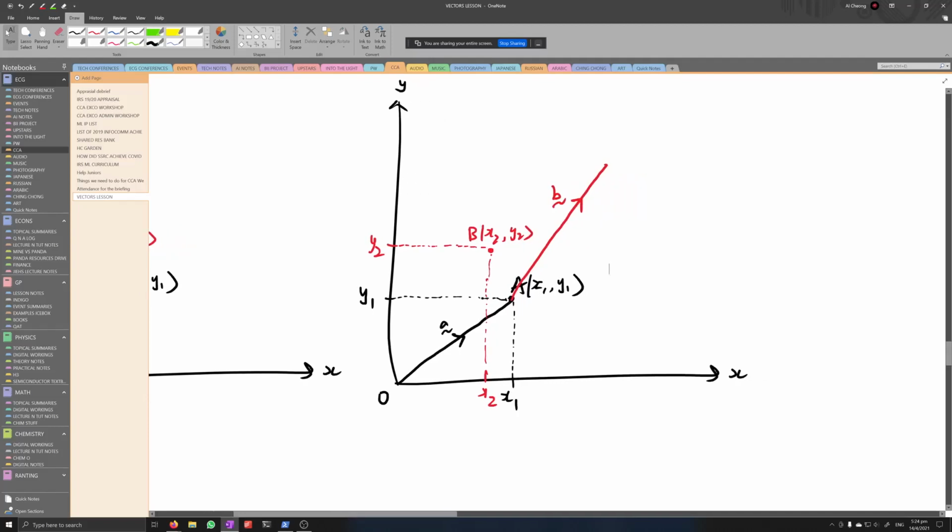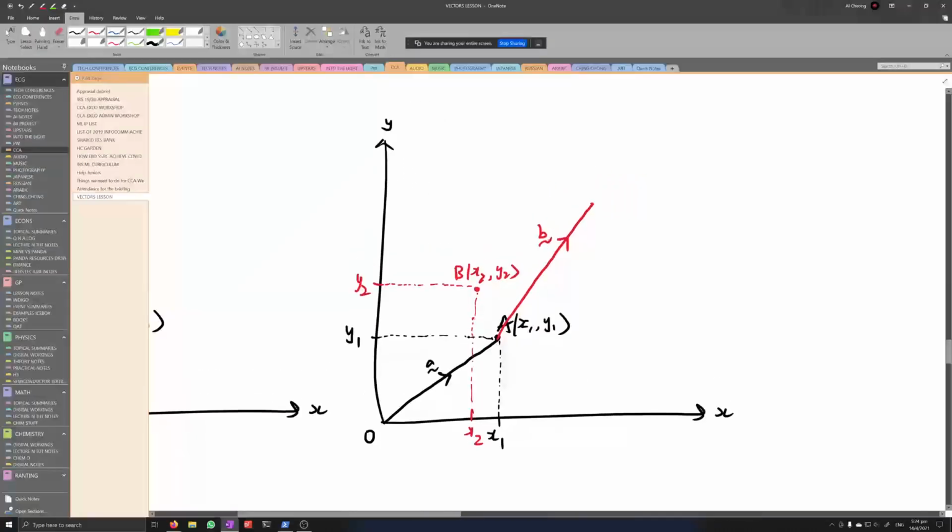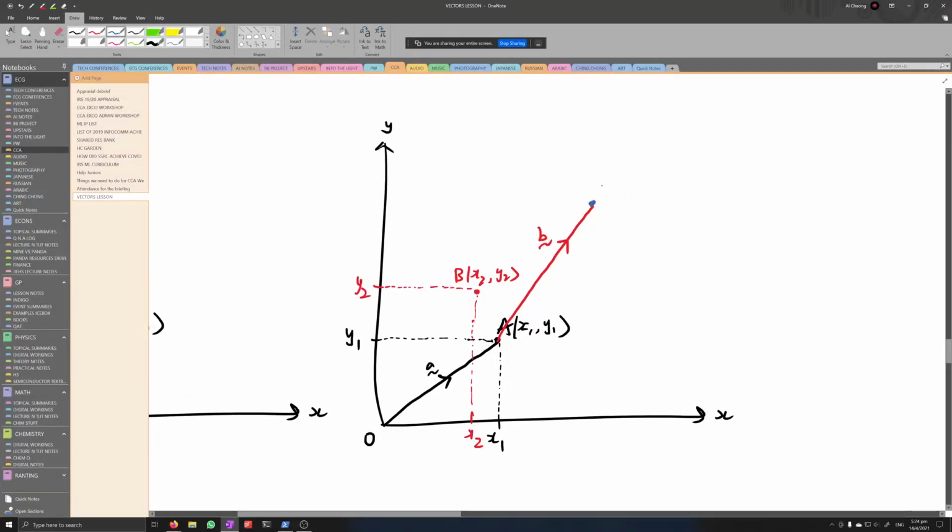Essentially, what we are trying to do here is x1 plus x2, y1 plus y2, okay? Here we have x1 plus x2, and here we have plus y2.